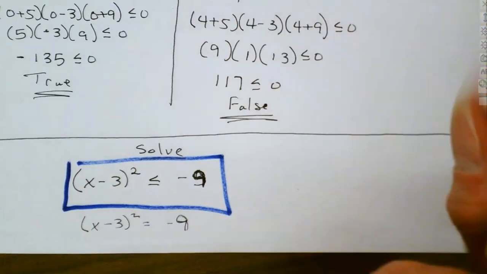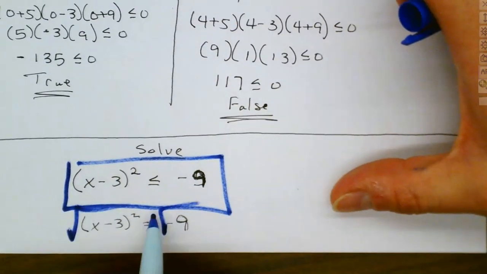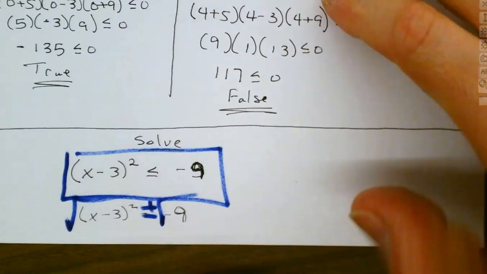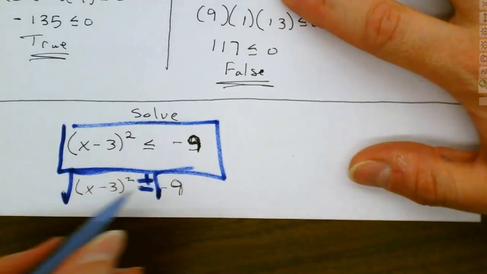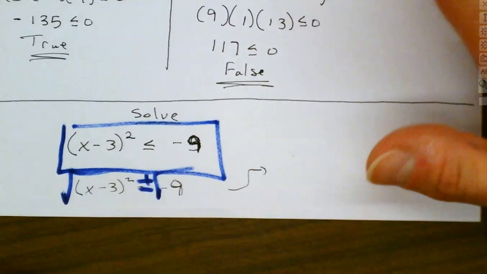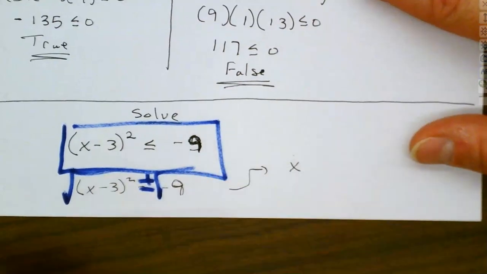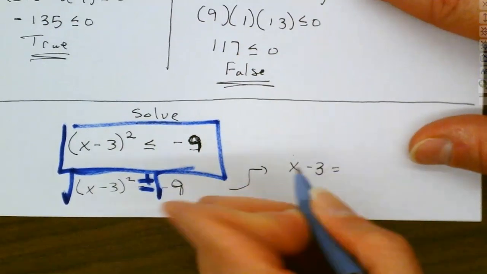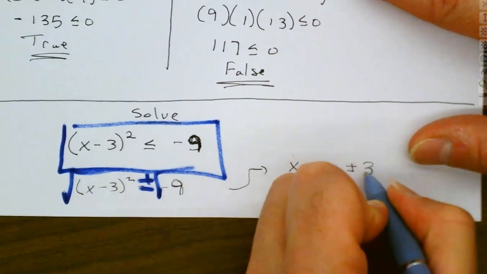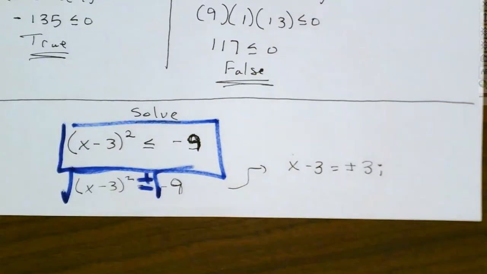And I'm going to go ahead and take my square root, plus or minus, and now we have the problem. Because what's the problem now? Now I have x minus 3 equals plus or minus 3 what? i. Okay, now why is this going to be a problem when we go to graph these? Well, when we put these on the number line, can we put imaginary numbers, i's, can those go on the number line?